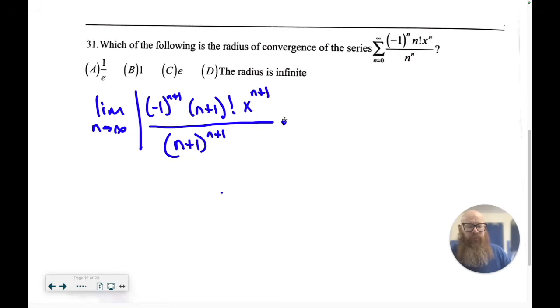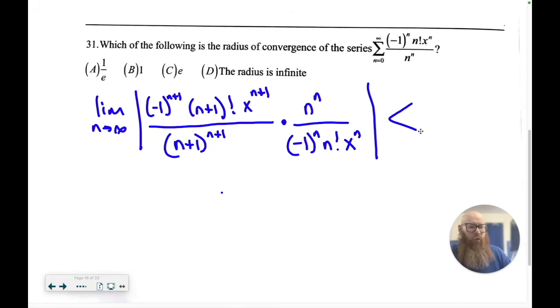And I'm going to divide that by a sub n, which really just means I'm going to multiply by the reciprocal of a sub n. So I get n to the n over -1 to the n factorial x to the n. And I want all of this to be less than 1 because that's the outcome we need for the ratio test. We need that limit to be less than 1 in order for it to converge.